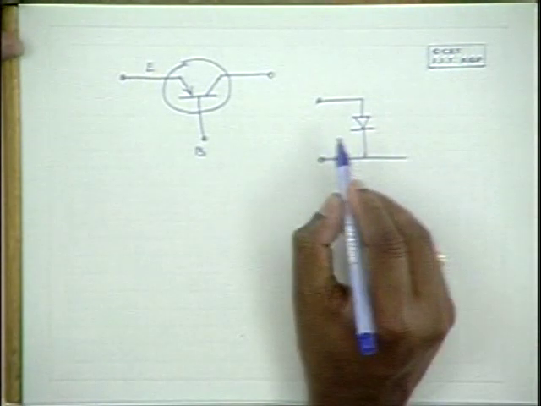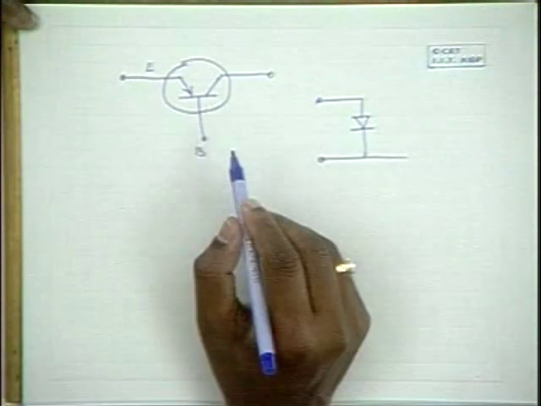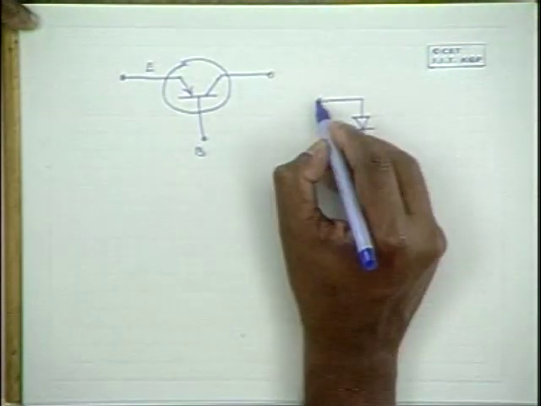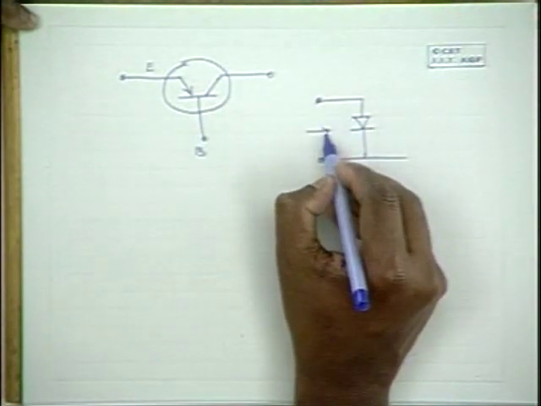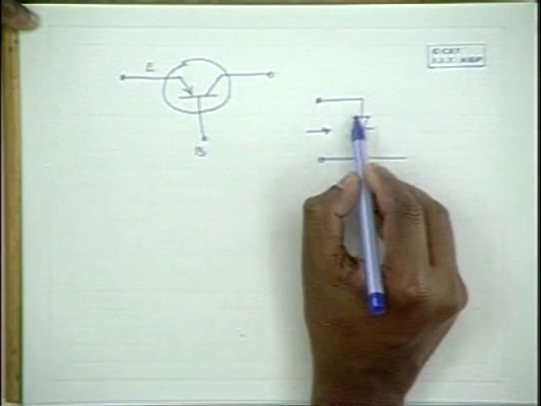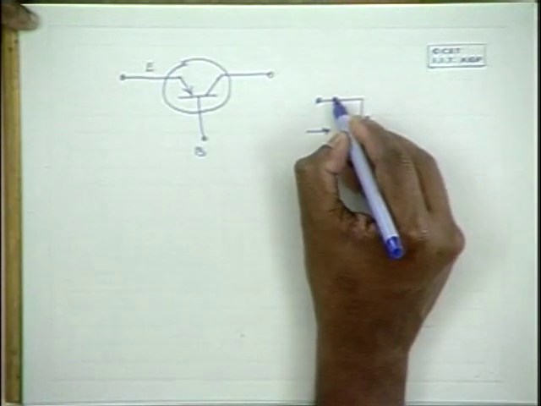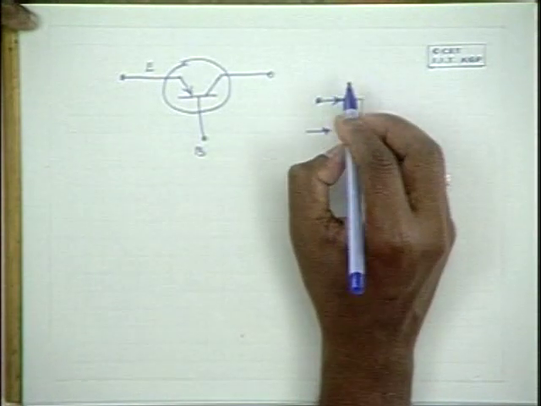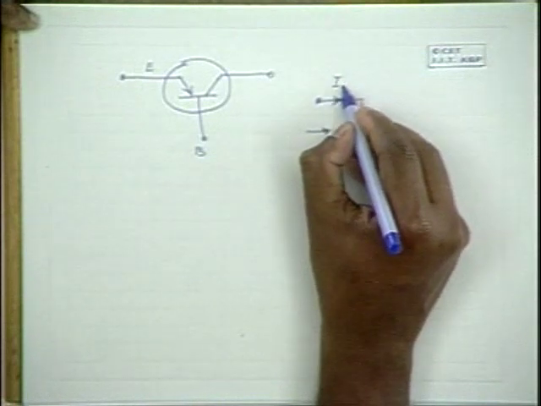Now in common base configuration, this is what we use. Base is common to both input as well as output, and the input signal is applied to the emitter here. So on the input side, what the source sees is a forward biased diode, and depending on the voltage, it gives rise to a certain emitter current.